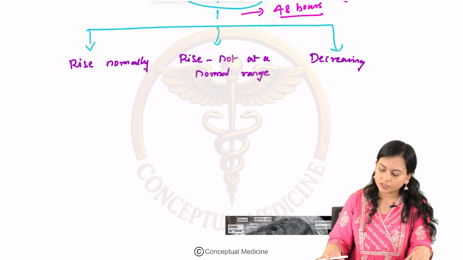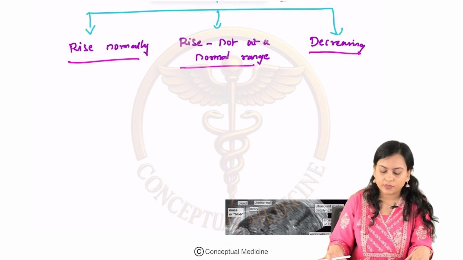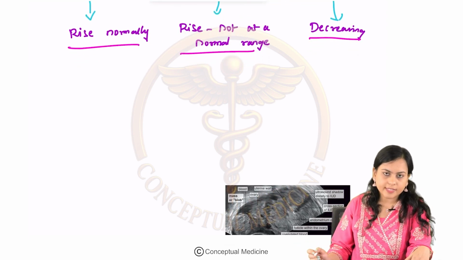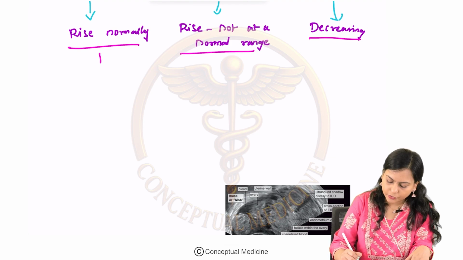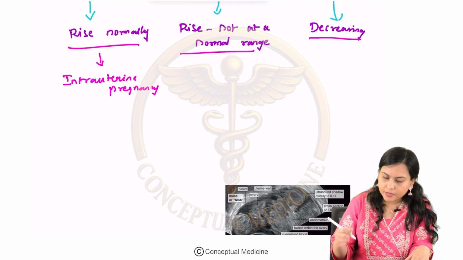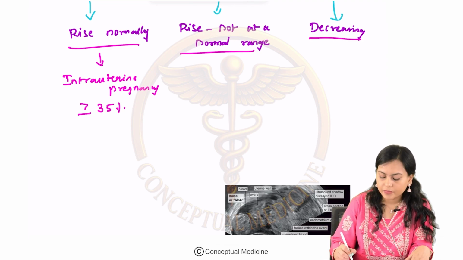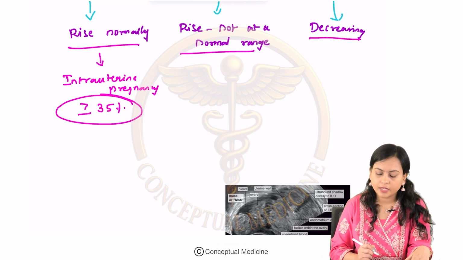So how are we going to make a diagnosis of this? Obviously when it is rising normally, that is going to be an intrauterine pregnancy. And remember, the value should increase by at least 30 to 35% of the previous value. Clear?